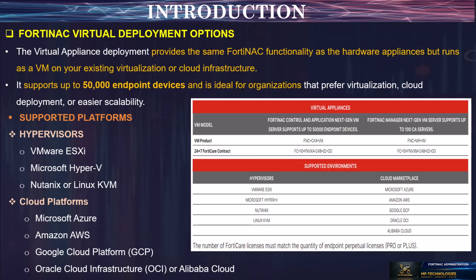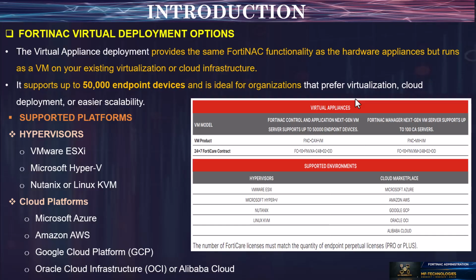In addition to dedicated hardware appliances, Fortinet can also be deployed as a virtual appliance. This option has become increasingly popular because many organizations already operate virtualization platforms or cloud environments. Functionally, the virtual appliance provides the same Fortinet capabilities as the hardware appliance.